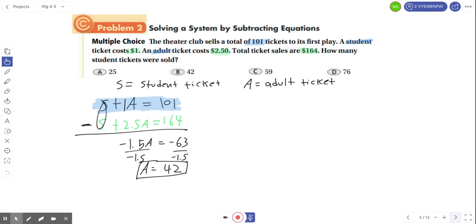And now I'll substitute that back into one of my equations. So I'll use the s plus a equals 101, because that's clearly the easier one to work with. Put my newfound value in there.